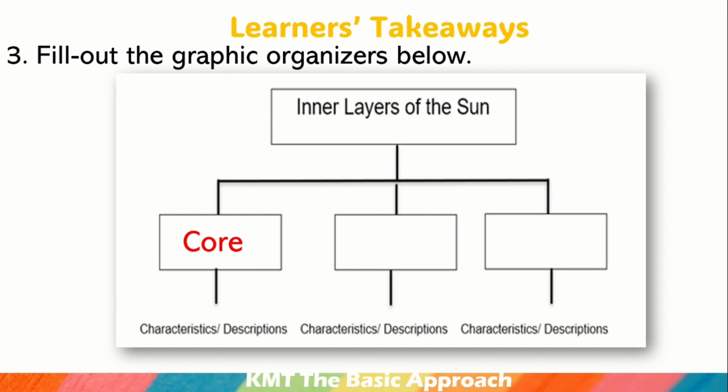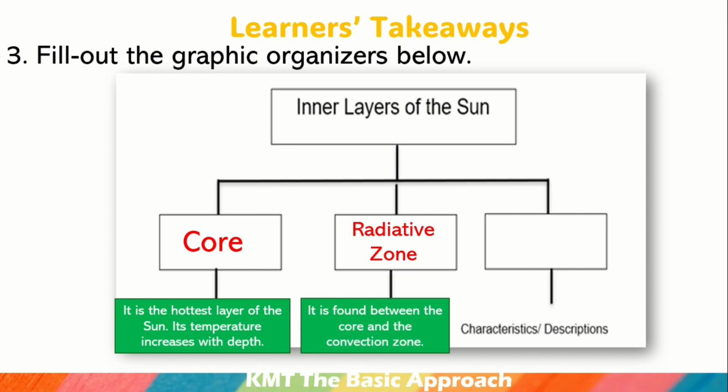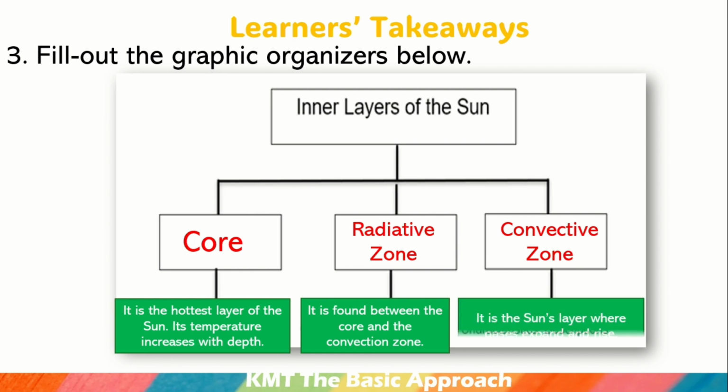Its characteristic or description is, it is the hottest layer of the sun. Its temperature increases with depth. Next is radiative zone. It is found between the core and the convection zone. Next is convective zone. It is the sun's layer where gases expand and rise.